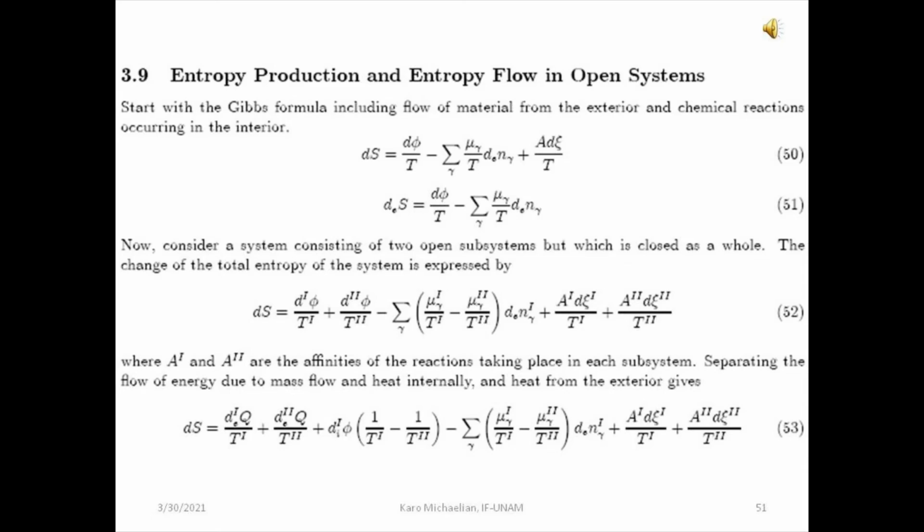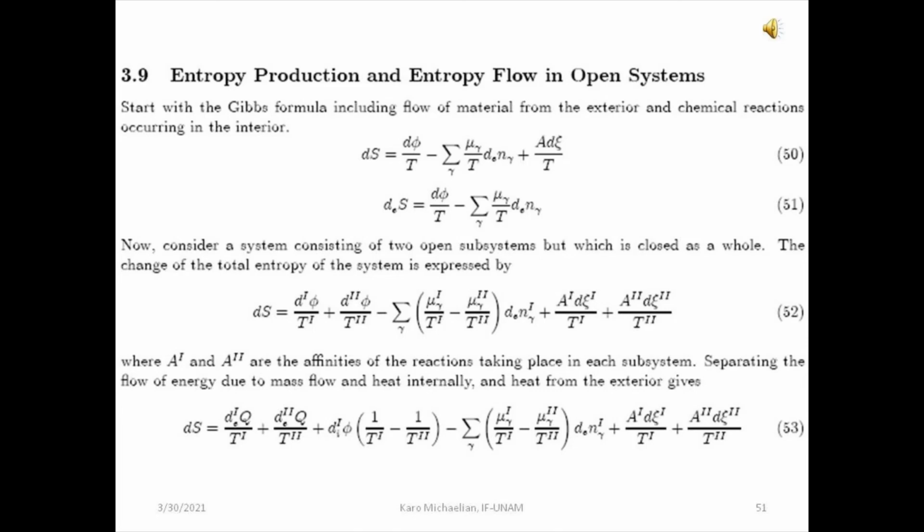But internally, between the two subsystems, we can also have a flow of matter, and this matter can also be bringing in energy. That's why we use d phi. And of course, the flow of the energy being brought in by the mass from subsystem 2 to subsystem 1 is the negative of that from 1 to 2, and that's why, again in the parentheses, we have a minus sign.